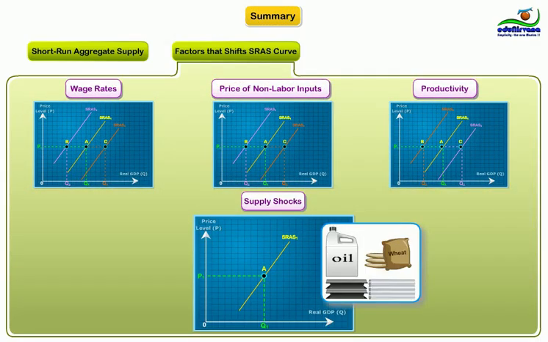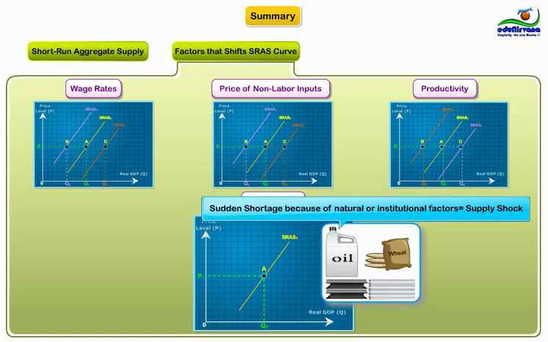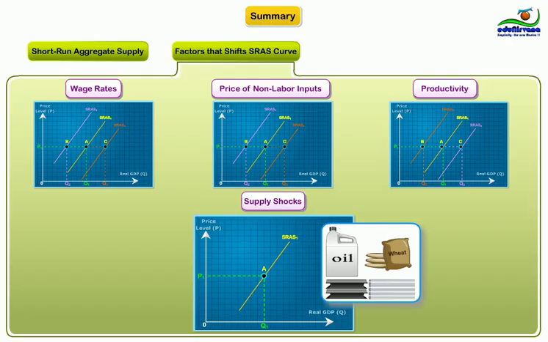Supply shocks. Major natural or institutional changes on the supply side of the economy that affect aggregate supply are referred to as supply shocks. Two types of supply shocks were discussed.